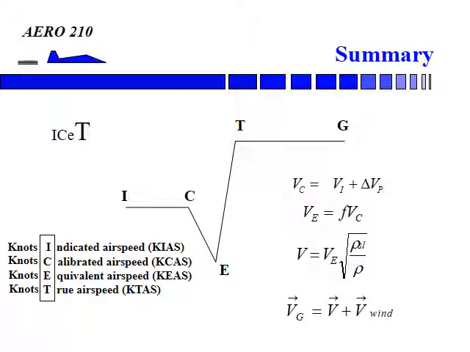And even countries that use the metric system SI often use knots as the units of airspeed. So it's a very commonly used measure of velocity, nautical miles per hour, abbreviated knots. And these acronyms are also commonly used.